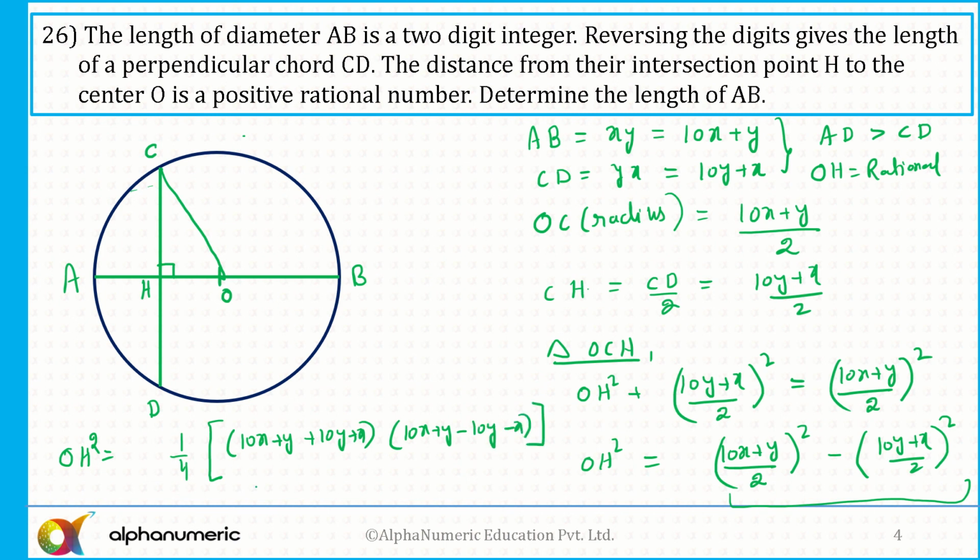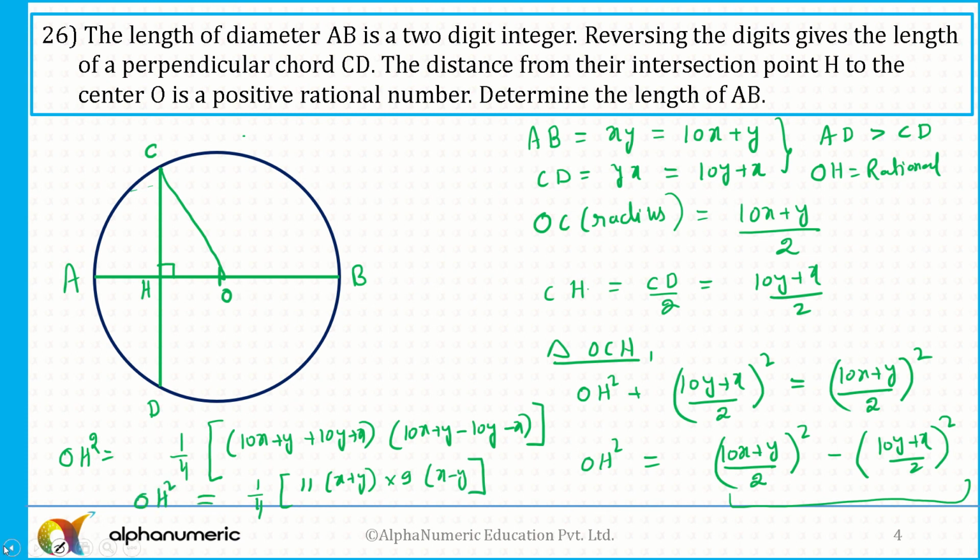Let's simplify this. This is 10x plus x, 11x. So I am getting 1 by 4 into 11 into x plus y. And from the other side you can take out 9 as common, so 9 into x minus y. This is the value of OH squared.